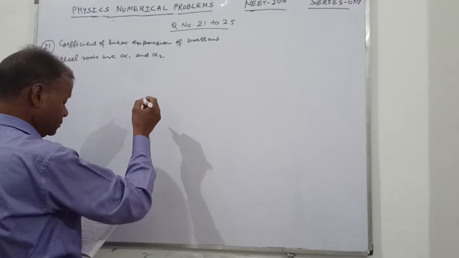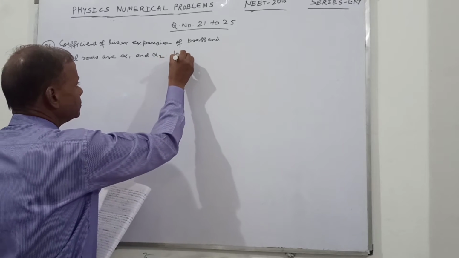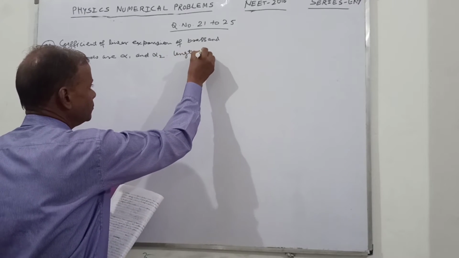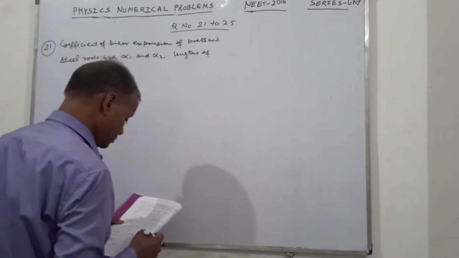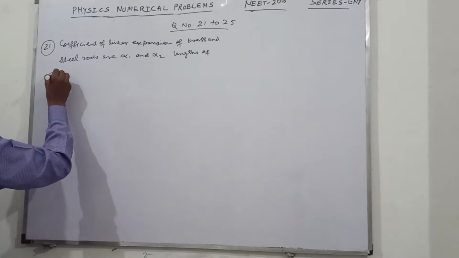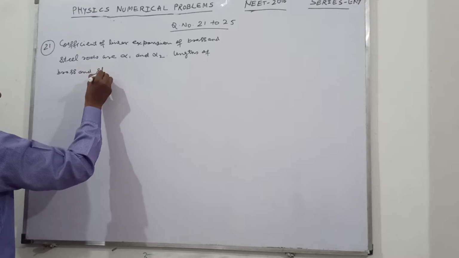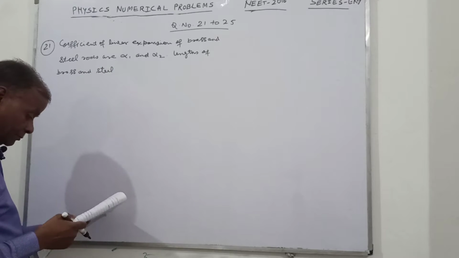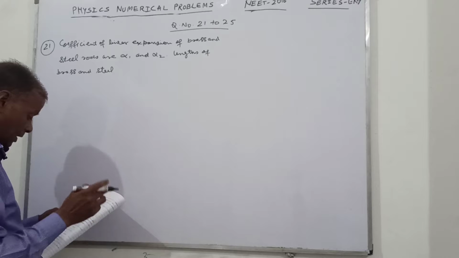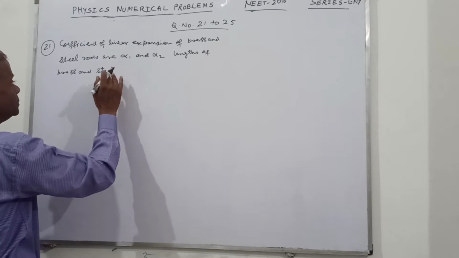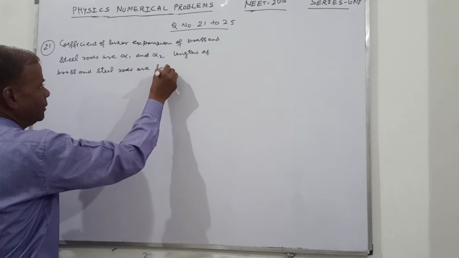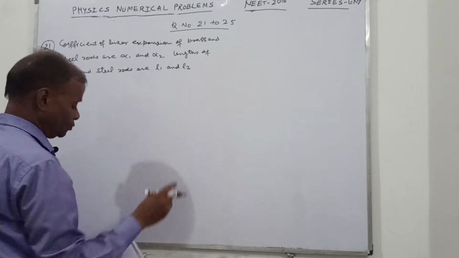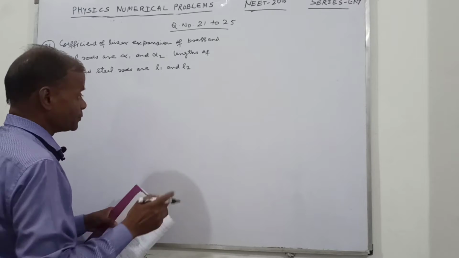Lengths of brass and steel rods are L1 and L2 respectively.